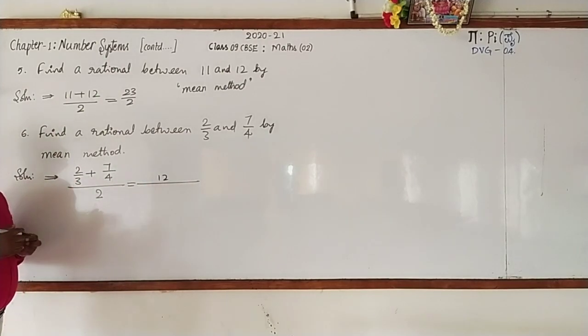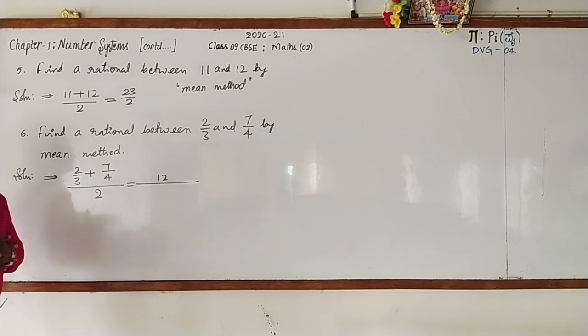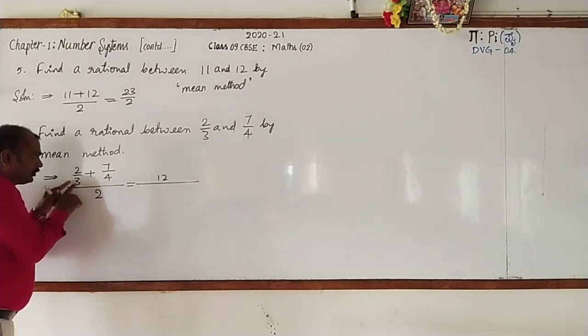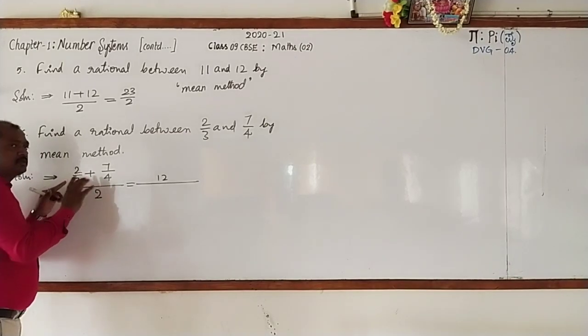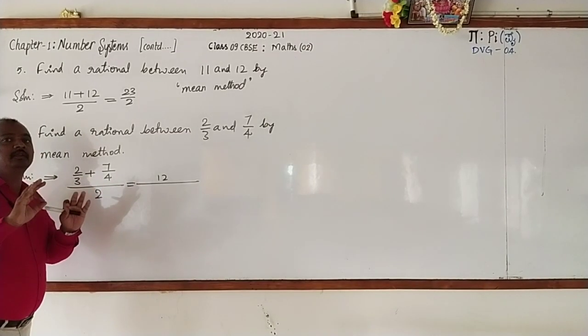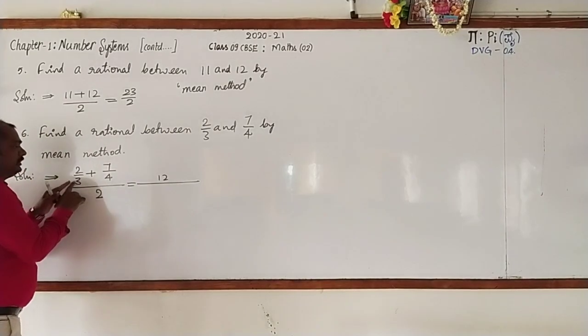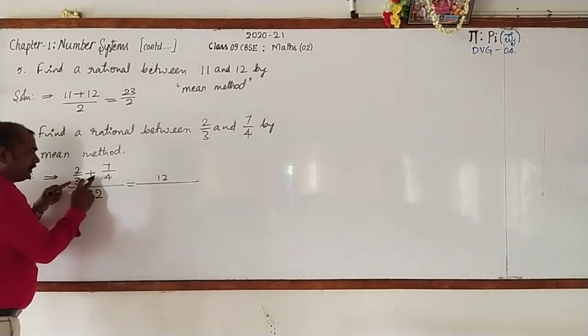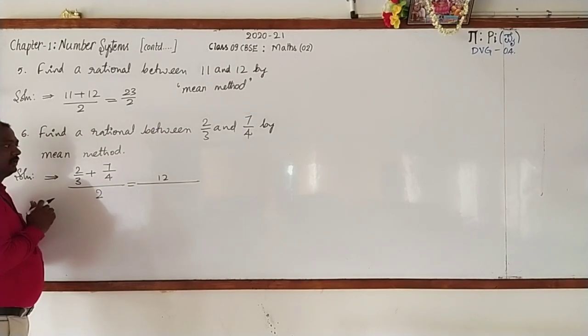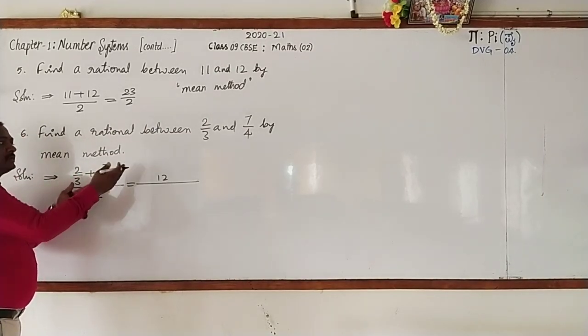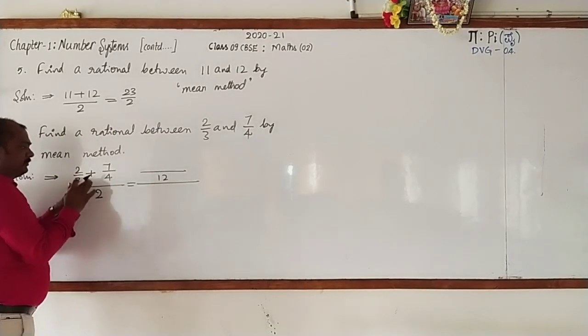You know the addition of rational numbers. I'll tell you a simple method. Here 3 and 4 are numbers which are not divisible by any number except 1. Under such condition, LCM will be, see, 3 fours are 12. Then even simplification will also be very easy.